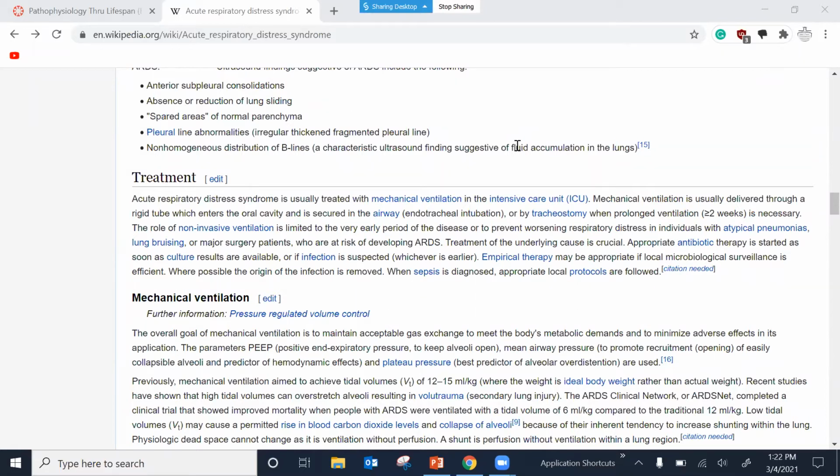Because the textbook treatment for acute respiratory distress syndrome is mechanical ventilation, this is exactly why, a year ago today, about March of last year, we were freaking out about the COVID and the lack of ventilators.